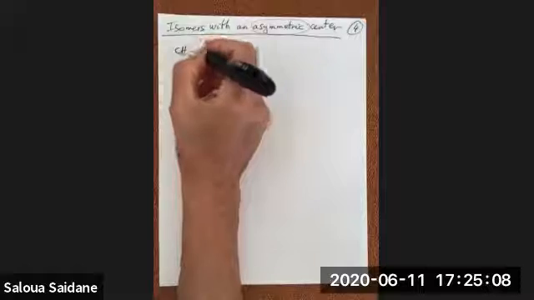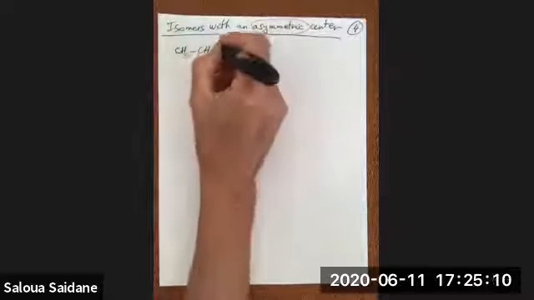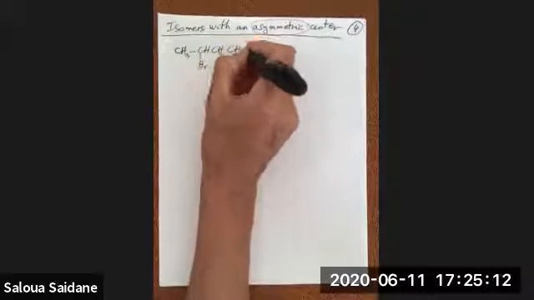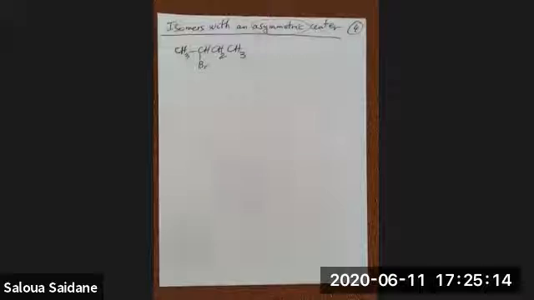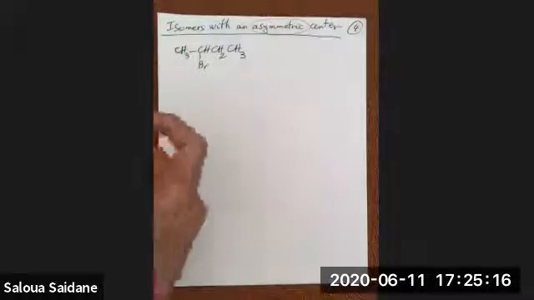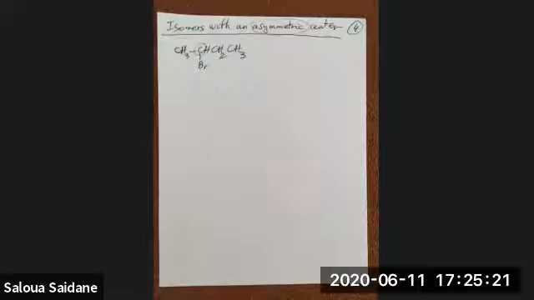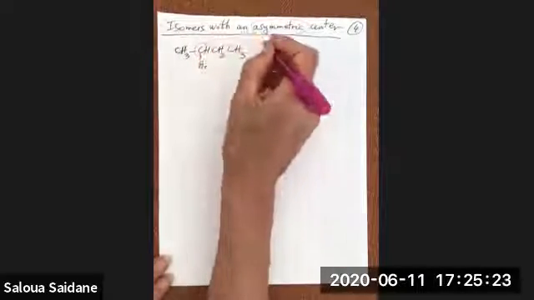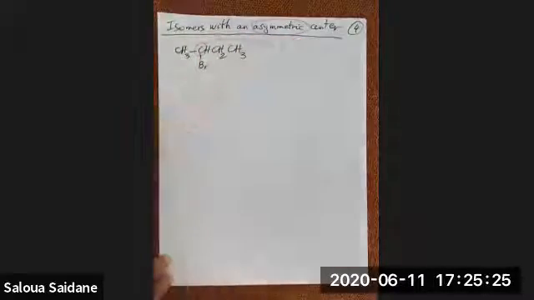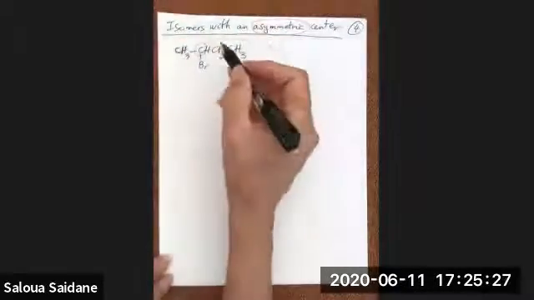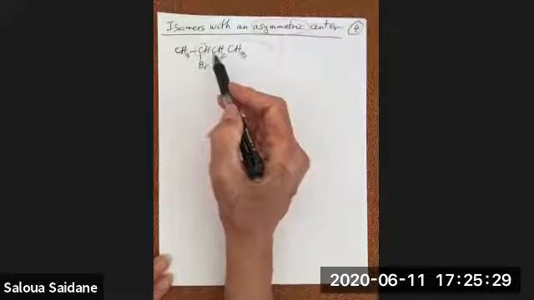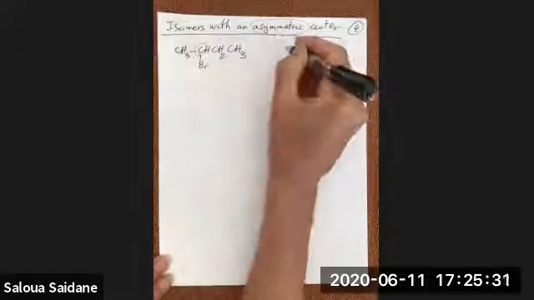CH, Br, CH2, CH3. If I focus on this particular carbon right here, that one, the pink carbon, what is it bonded to? It's bonded to a CH3.